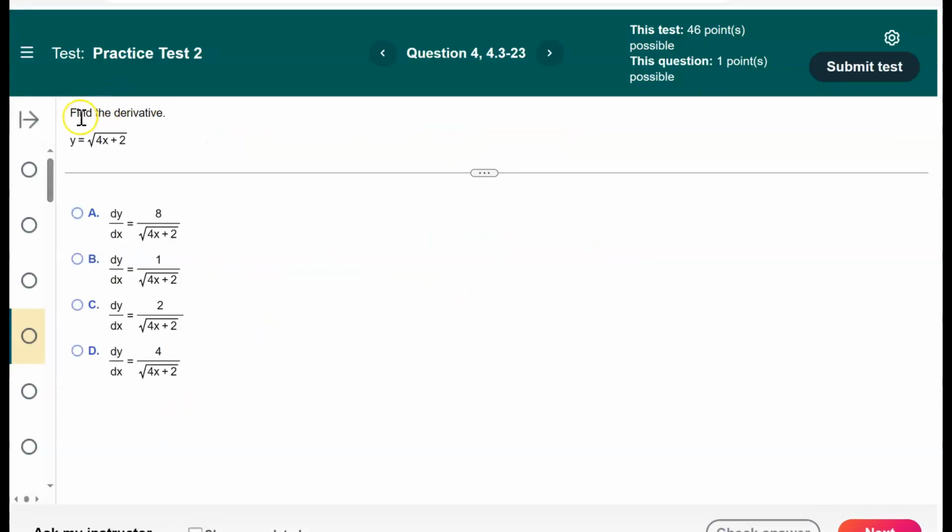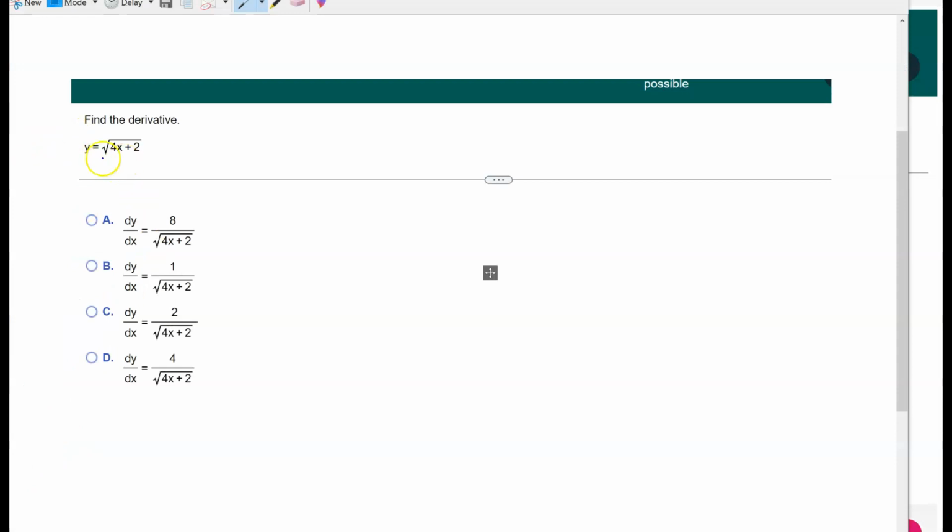All right, next problem. We are to find the derivative of y equal to the square root of 4x plus 2. So to solve this, we are to use the chain rule. Now to use the chain rule, let's write this first as 4x plus 2 to the 1/2.